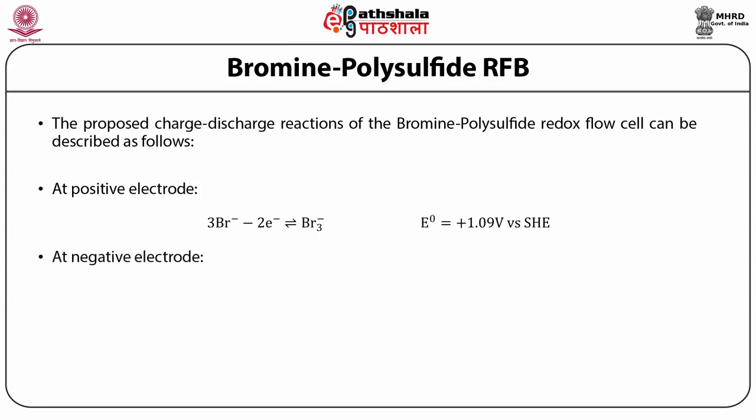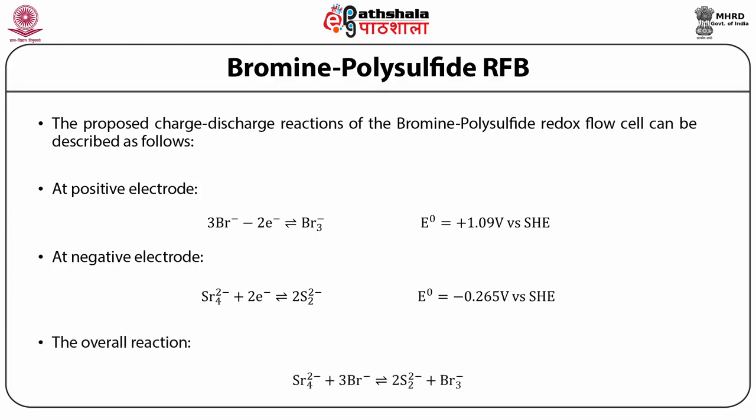At the negative electrode, S4 2- plus 2 electrons charges or discharges to give 2S2 2- with E0 equal to -0.265 volts versus SHE. Thus, the overall reaction becomes S4 2- plus 3Br- charges or discharges to give 2S2 2- plus Br3-.